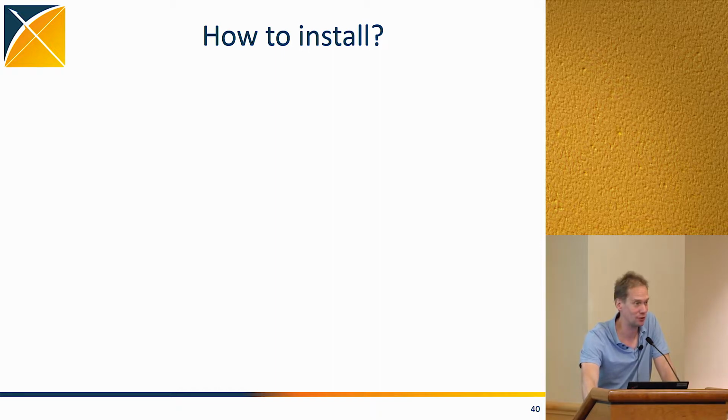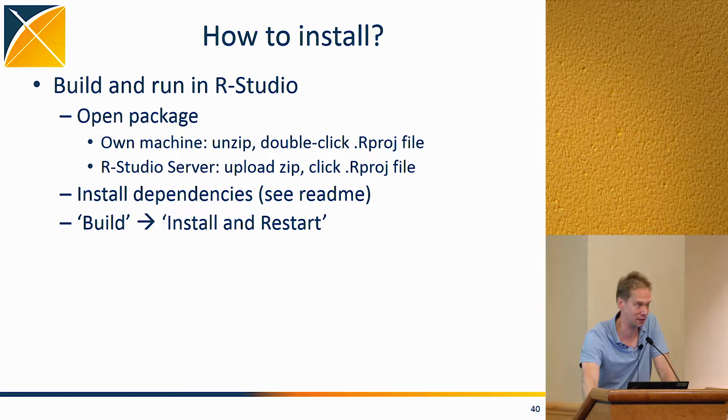Of course, your study package has at least a dependency on Cohort Method, but it has other dependencies as well. To make life easier, I've created this README file that tells you what you need to install. There are some instructions here on how to install all of the dependencies. So I actually have to do that before I go any further. That's annoying. Sorry, I should have done that beforehand.